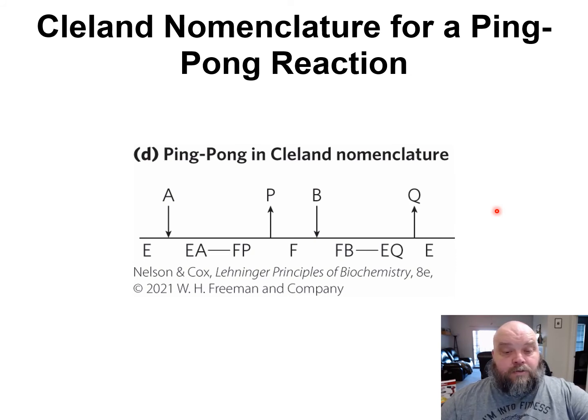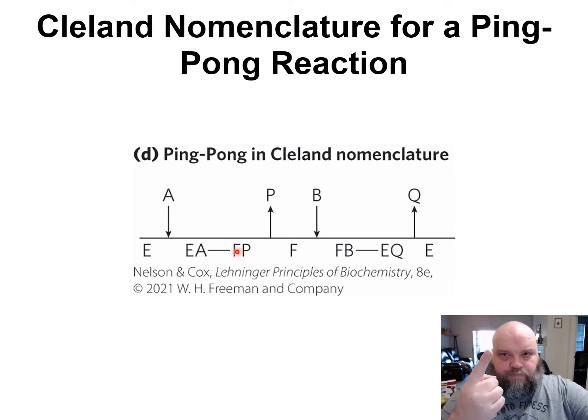This also allows you to bring in what is referred to as the ping pong. E brings in A. You have this intermediate EA. EA forms P. But the thing is, during this, the enzyme gets modified.